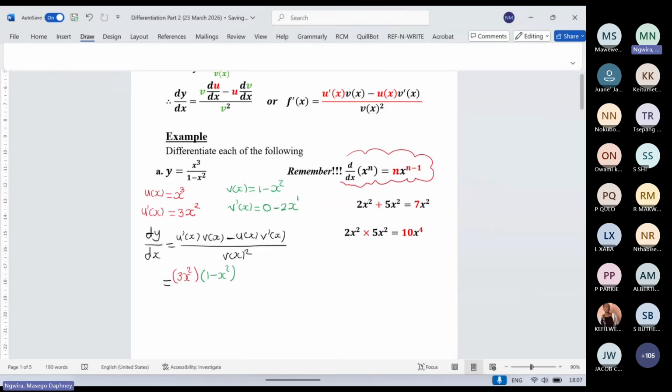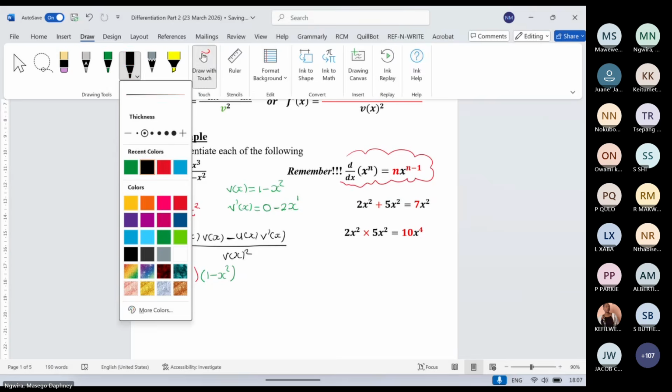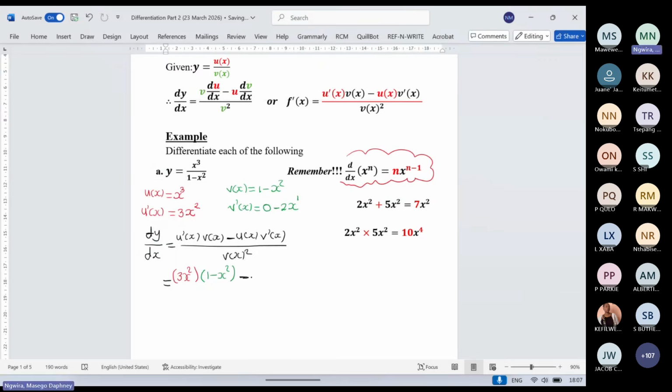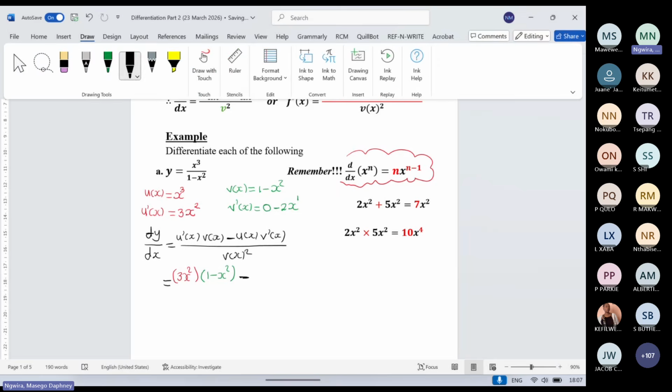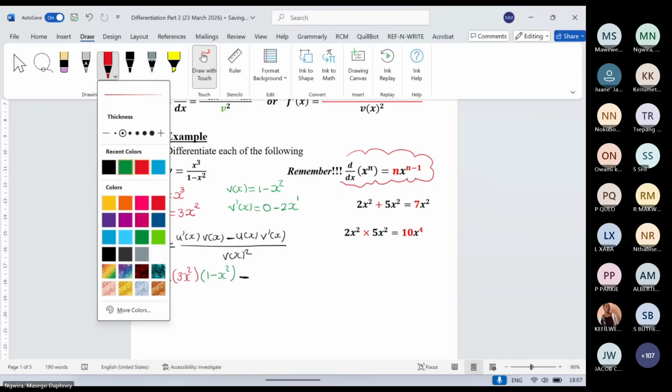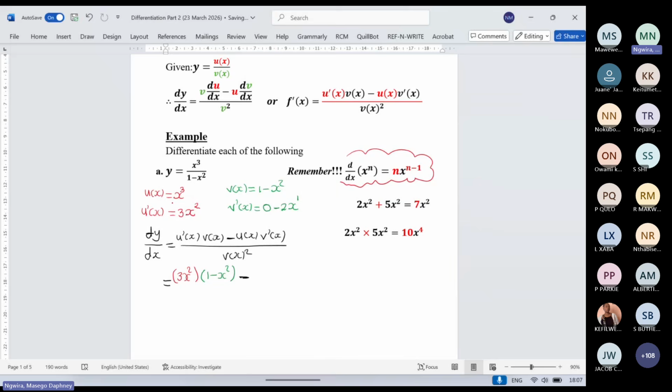And then minus, and then u(x) is not the derivative. So this will be our u(x), x to the power of 3 in brackets.